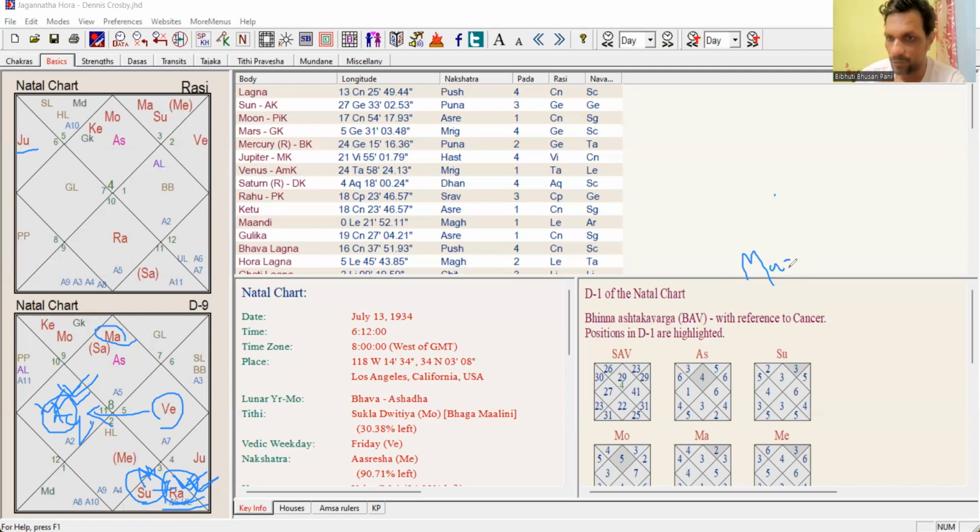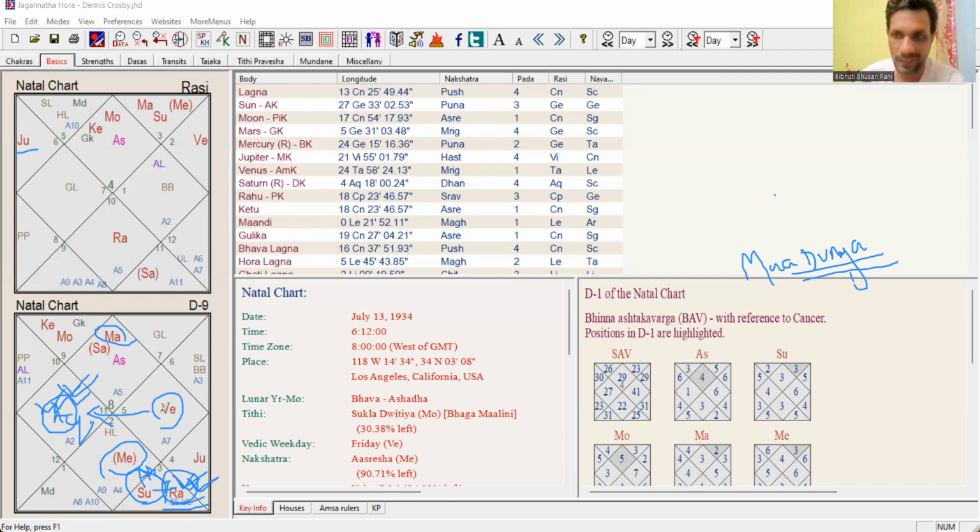Okay, Ma Durga. So this native needs to take the name of Ma Durga to be on the path of Dharma, and take the name of Lord Vishnu to fulfill the soul's desire.